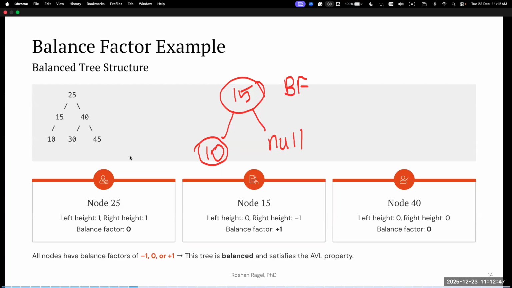A leaf node's height is going to be 0, minus, and there is null, nothing there, and nothing's height is minus 1, right? So that was already mentioned in the previous slide. So minus 1. That's the balance factor of 15. So the balance factor of 15 is going to be 0 minus minus 1, which is 1. I hope you got it.